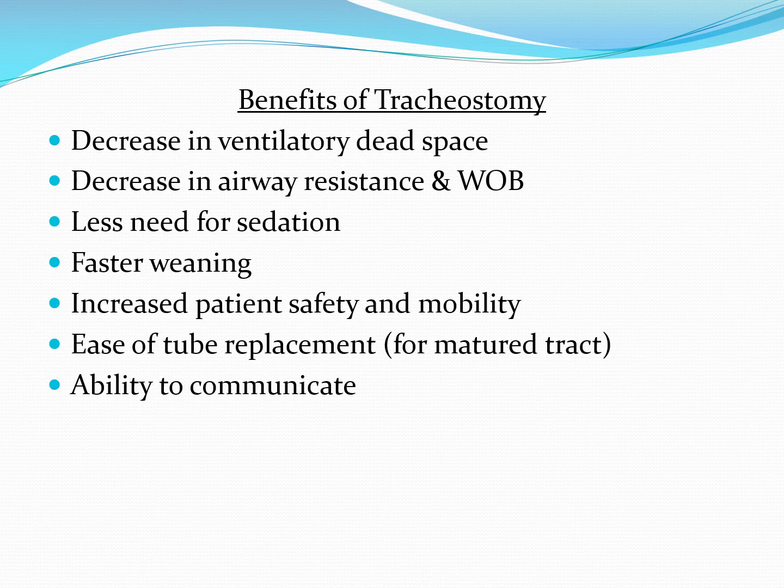That is the work of breathing that would be associated with an artificial airway. Because it's much shorter, it would impose less resistance and better facilitate breathing, in particular spontaneous breathing, which is really what we want for our patients that have artificial airways and mechanical ventilation.